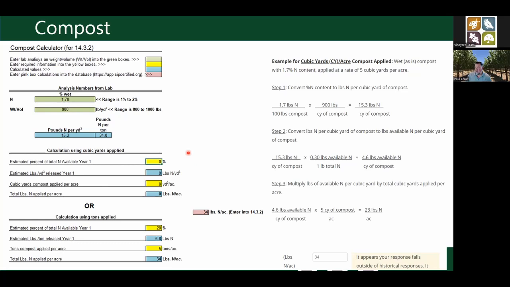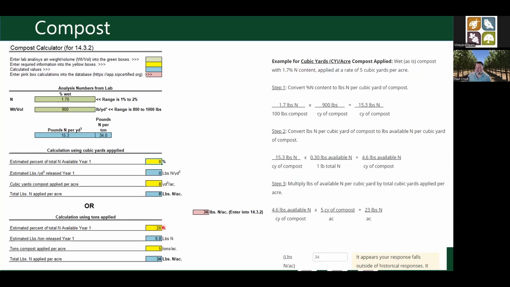It's not immediately available. It breaks down over time. So there is an industry standard for estimating how much of that nitrogen is released per year, and that estimate, basically based on UC analysis, is 20%.